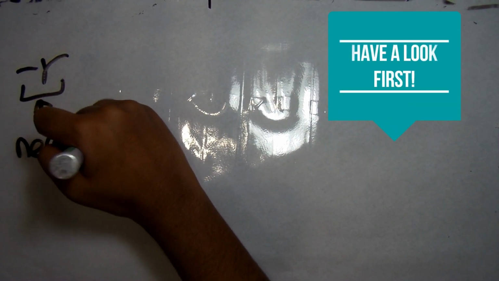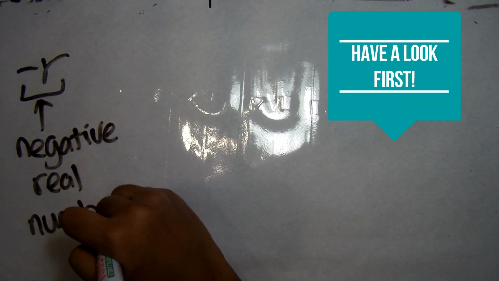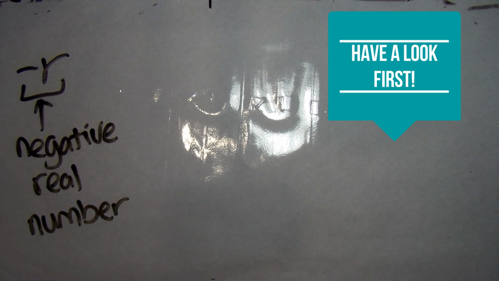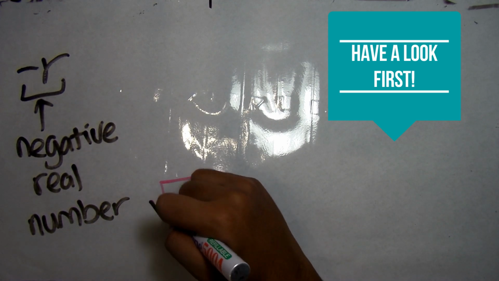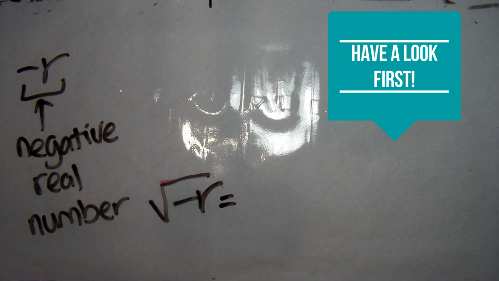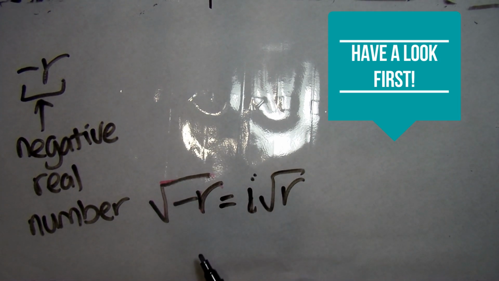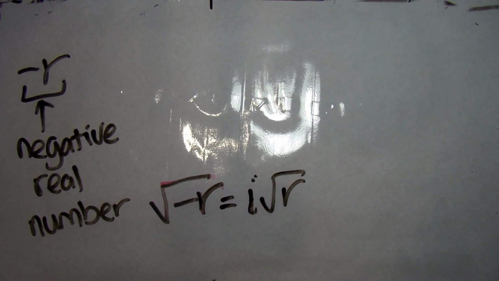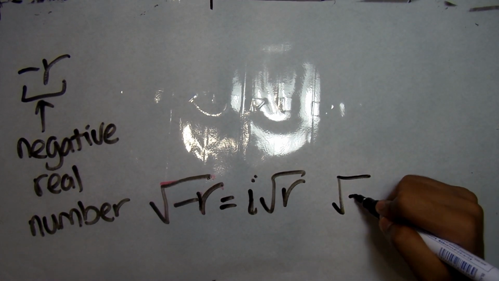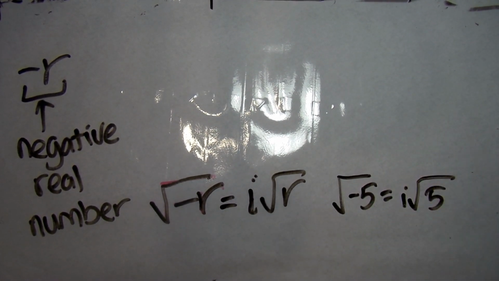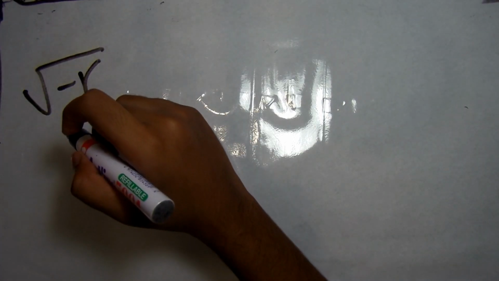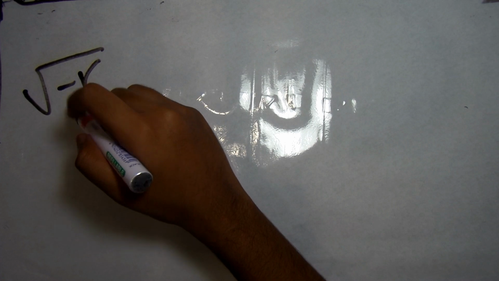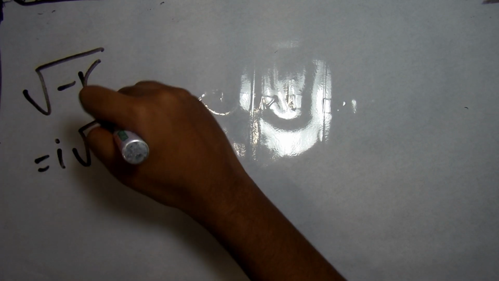Now, at the start of this video, I was talking about the purpose of complex numbers. Mathematicians invented this to deal with negative square roots, expressions that could not normally be expressed in the real number line. But I haven't gotten to that yet. The square root of negative r, where r is a real number, is equal to i root r.